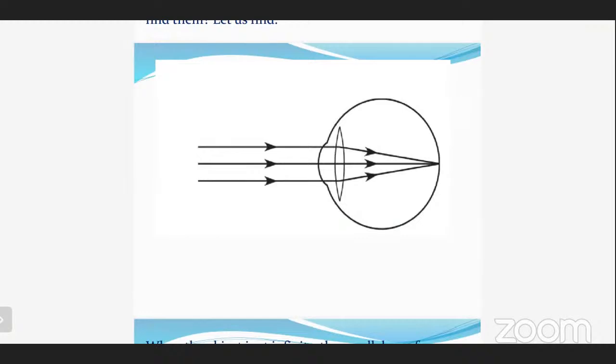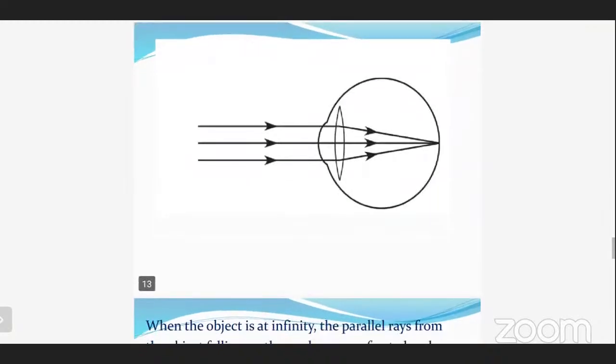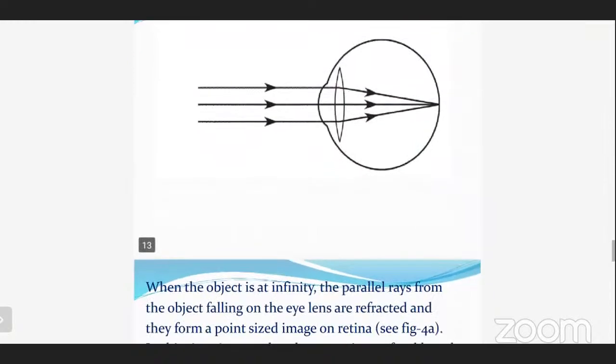We have to find out the minimum focal length and maximum focal length of our eye. Based on the focal length, we can see the objects, because the lens works based on focal length.